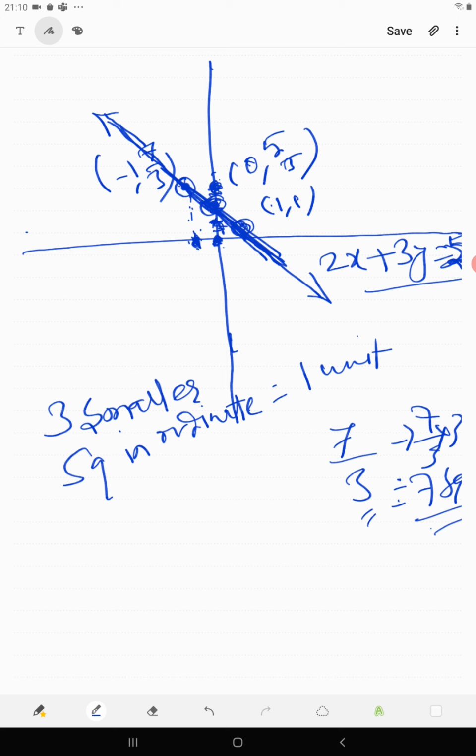And the third point is 1 comma 1. So go towards x 1 unit, and 3 smaller squares as 1 unit, because we assumed 3 small squares as 1. So the third small square from x equals 1 gives this point 1 comma 1. Now join them and you will get a straight line.